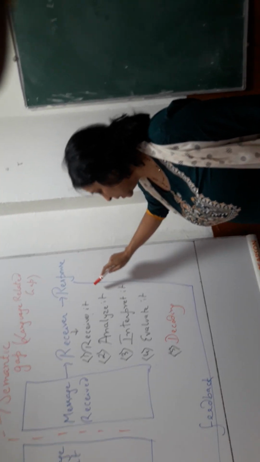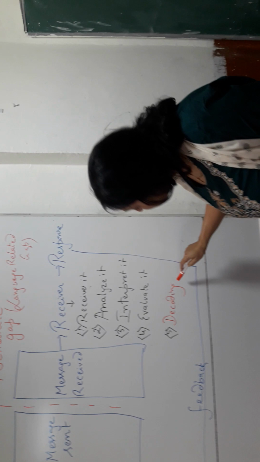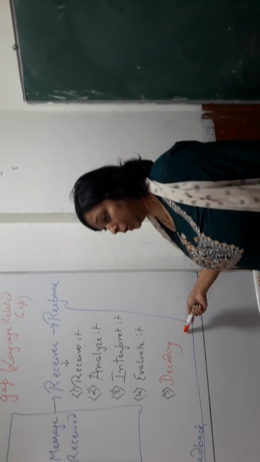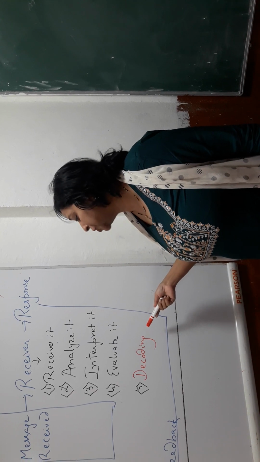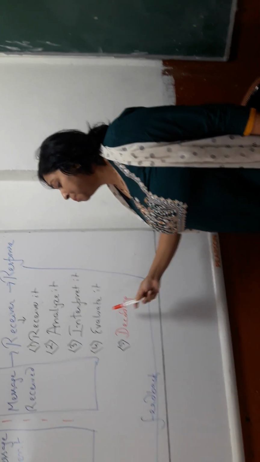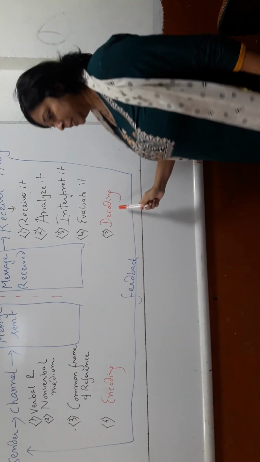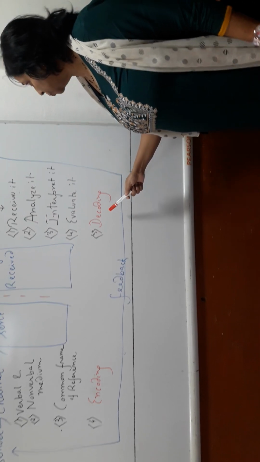These are the 4 processes for evaluation of the message. And coming to the next part, that is called decoding. Decoding means breaking a special kind of language. Remember, if there is encoding, then there is decoding. If there is no encoding, there will be no decoding.